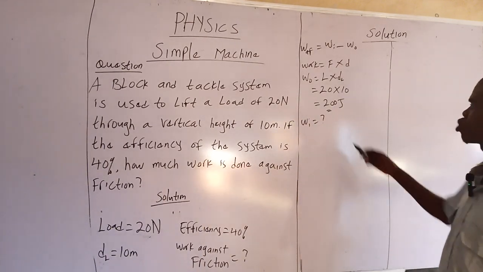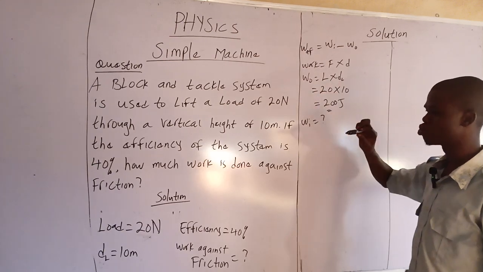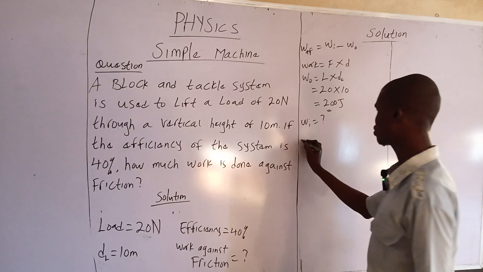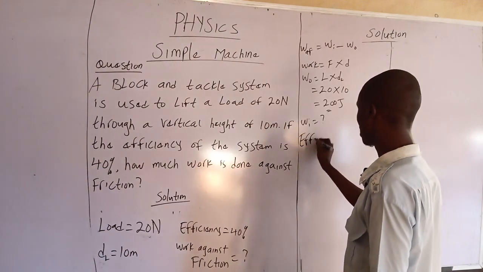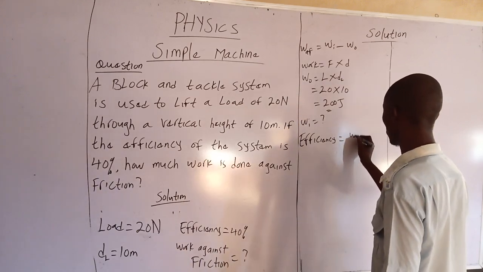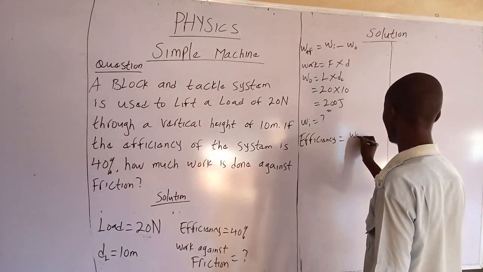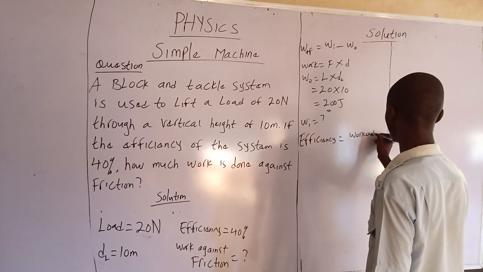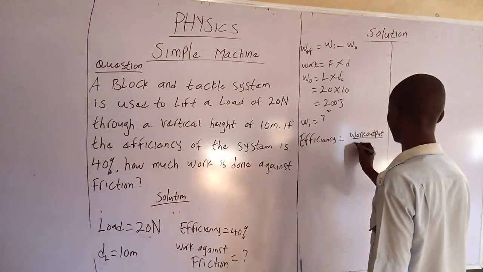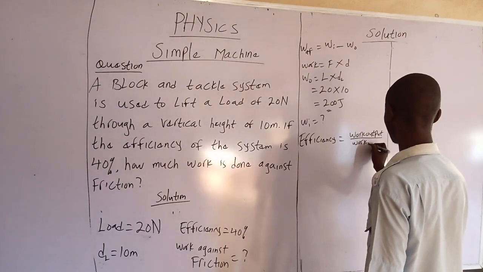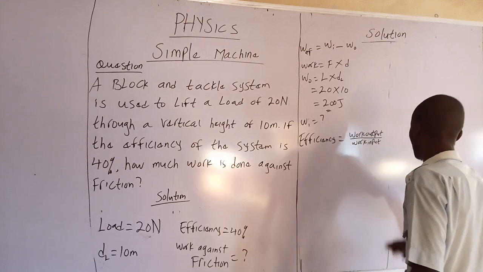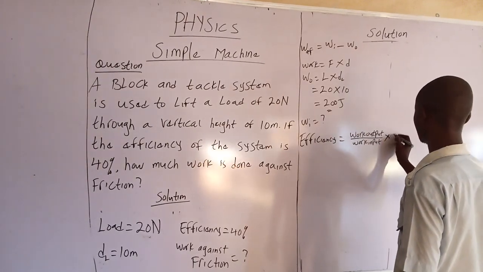So what formula connects work input, work output, and efficiency? Efficiency is equal to work output over work input, multiplied by 100%.